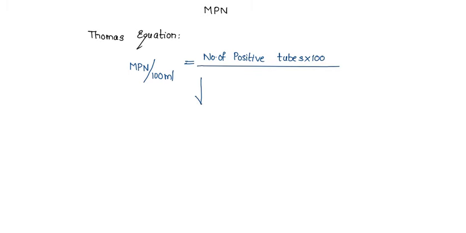Whereas MPN using Thomas equation will be: MPN per 100 ml equals number of positive tubes into 100 by the square root of ml of sample in negative tubes into ml of sample in all tubes.